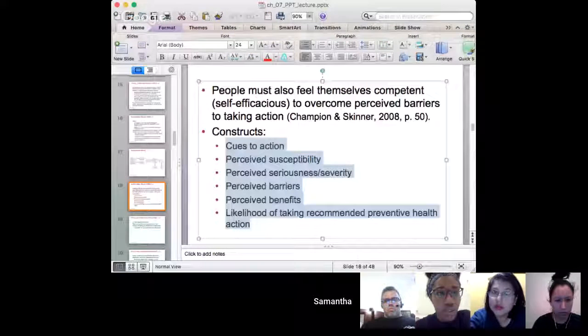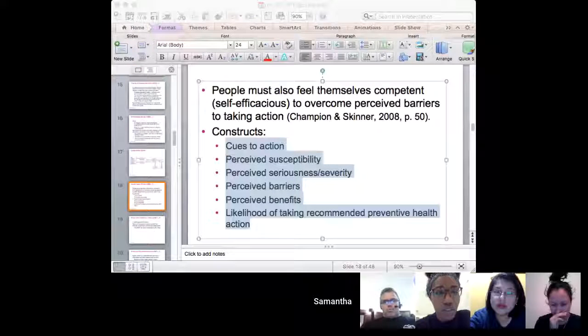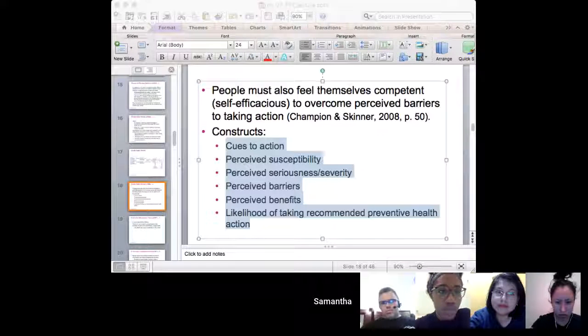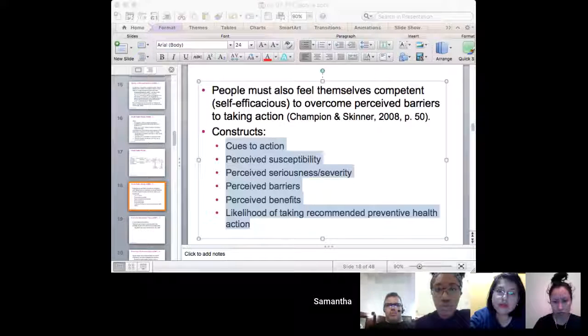Perceived benefits. I wrote something down about that. Well, back to the example of me getting a vaccination for the Zika virus. I don't want to go on vacation to Brazil and have to suffer through that virus and all the bad things that could come from it.